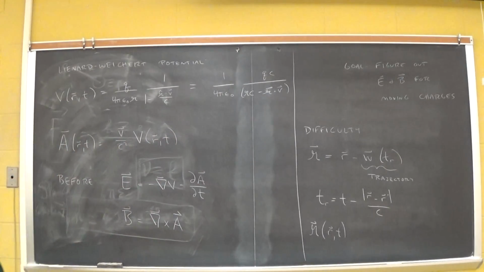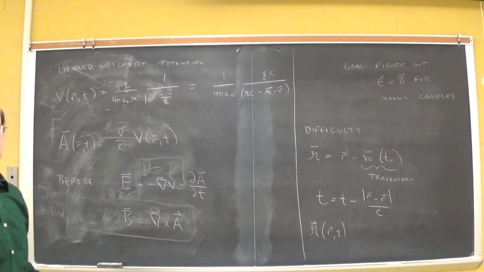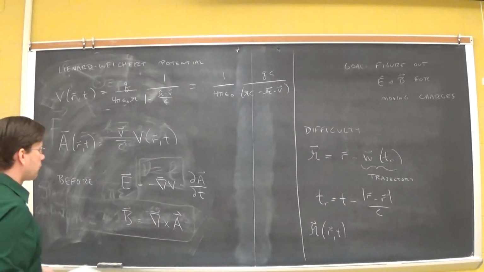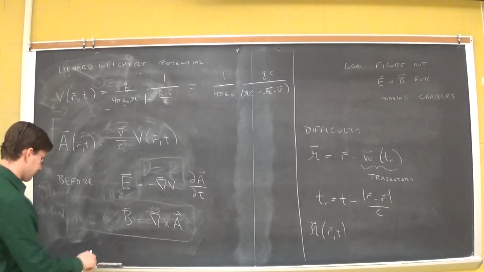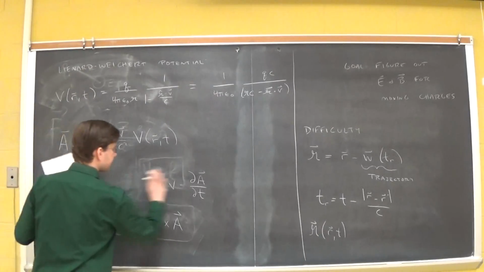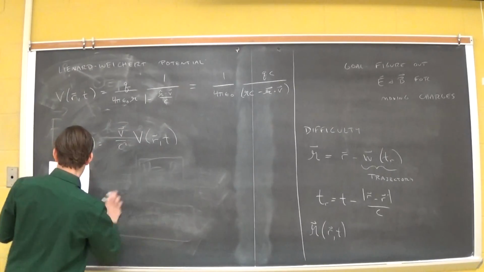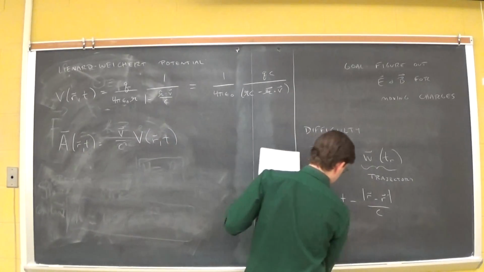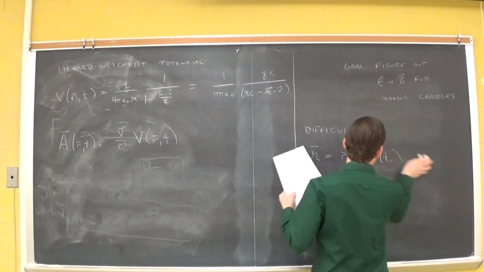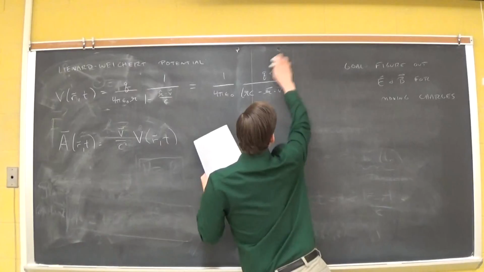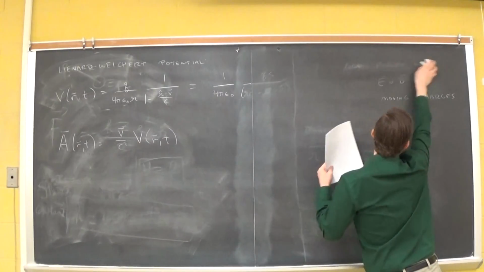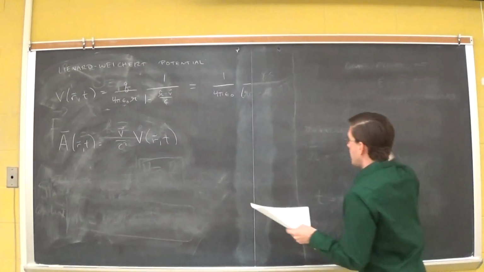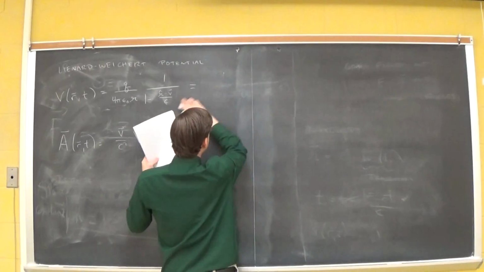Okay, so it's not insurmountable, we're going to be doing it, but it's something that we have to take into account if we actually want to get the right answer.